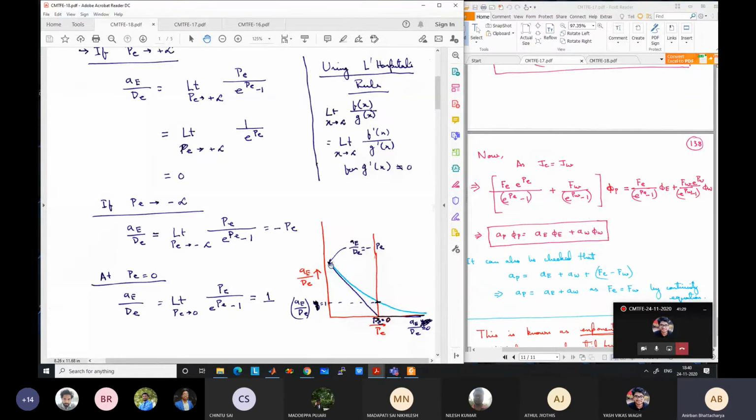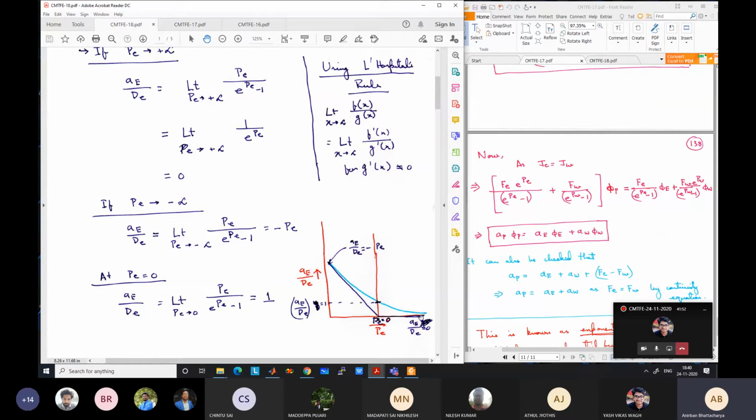And our actual curve, the exponential curve, approaches this line if p becomes very large in the negative direction. A by d approaches minus p. On the positive side, we have seen that if p becomes very large, a by d should go to 0, which is given by this other line along the axis.